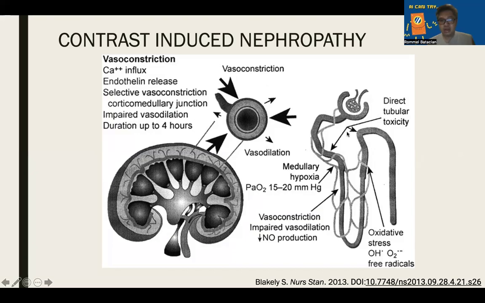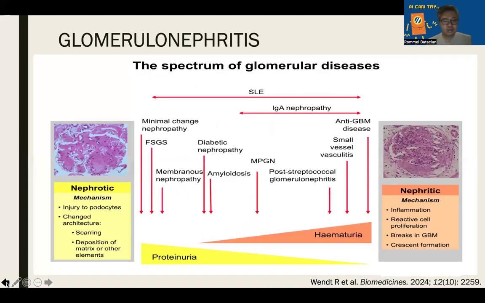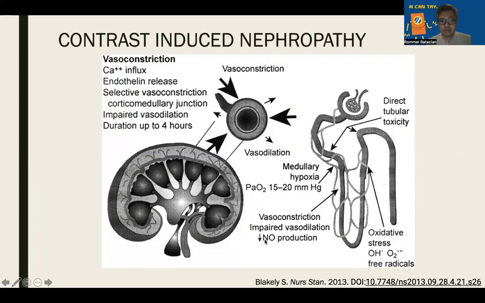The contrast, and because of the inflammatory cytokines, can also cause direct tubular toxicity. And eventually there would be vasoconstriction and impaired vasodilation in the blood flow of the other parts, which would lead to decreased nitric oxide production and increased production of free oxygen radicals.